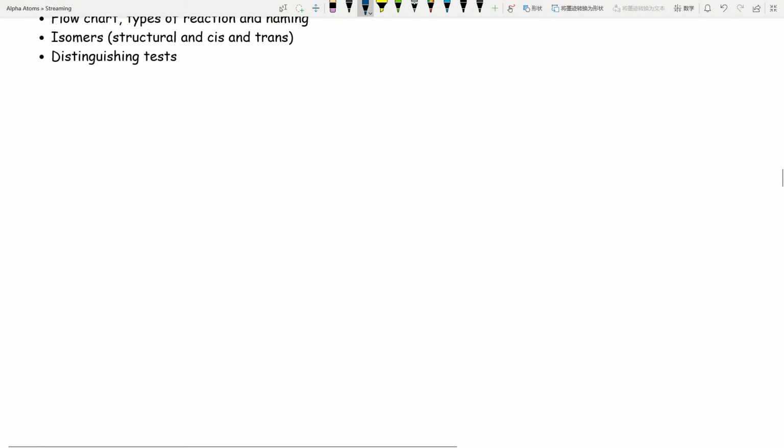Okay, so this might take up a lot of space, but I'm going to start with a really simple alkene. We're going to do a lot of things here. We're going to name these as well, and I'm not going to spend too much time on naming.